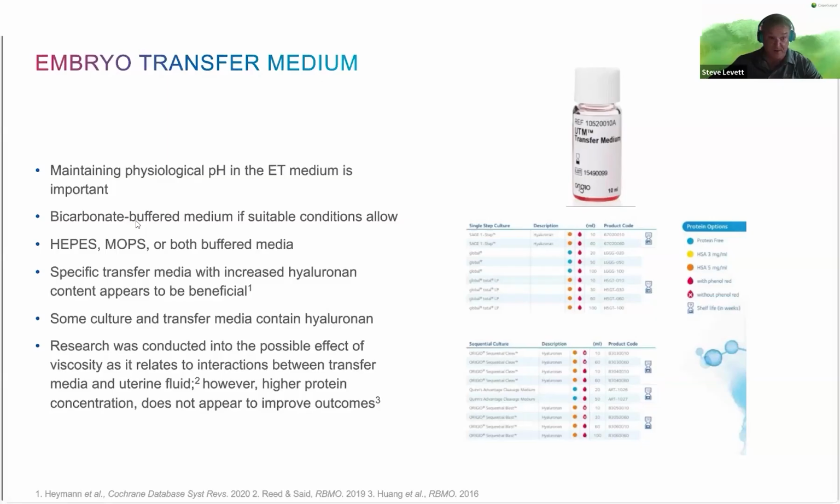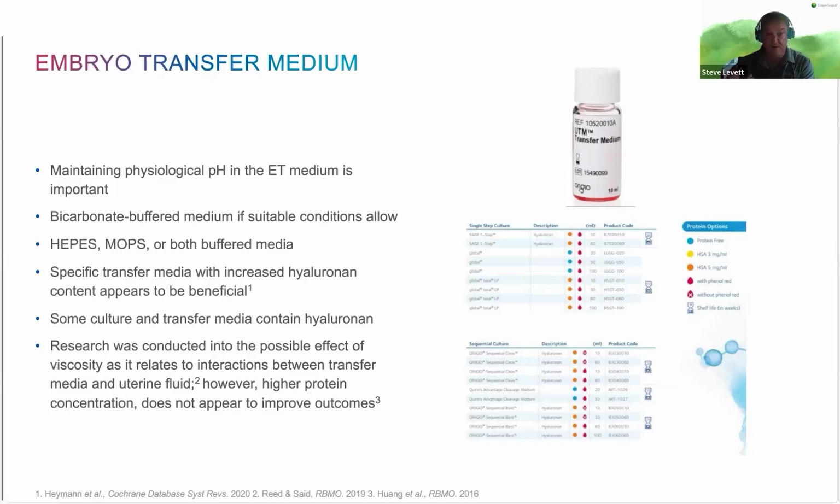So we can use bicarbonate buffered media if conditions allow. If you were using bicarbonate buffered media, so our culture media, we need to ensure that we maintain temperature and CO2 to keep the pH within the correct range. So it isn't really possible to use bicarbonate buffered media in most cases unless we're working in a controlled environment where we can maintain that.